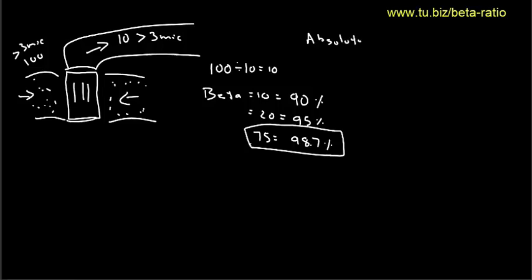Absolute, beta 75 or higher. And the other one is nominal filtration. That says nominal right there. Can't read it very well, but that's what it says. So anyway, guys, absolute filtration is anything that has a beta 75 or higher. Nominal filtration is anything below a beta ratio of 75.